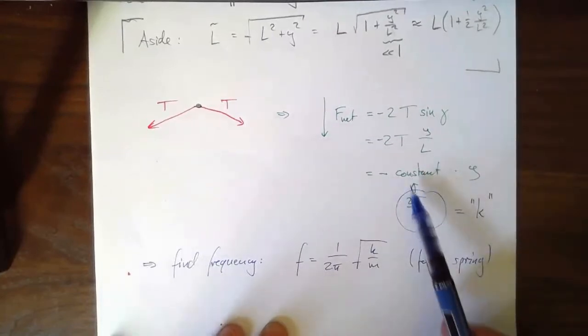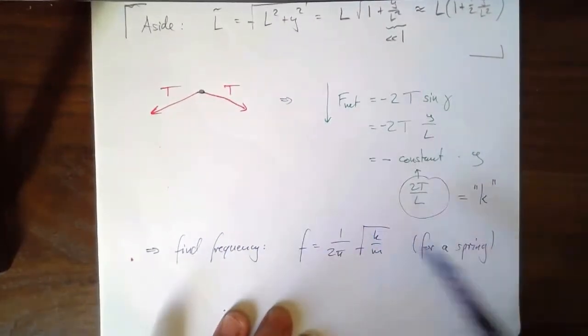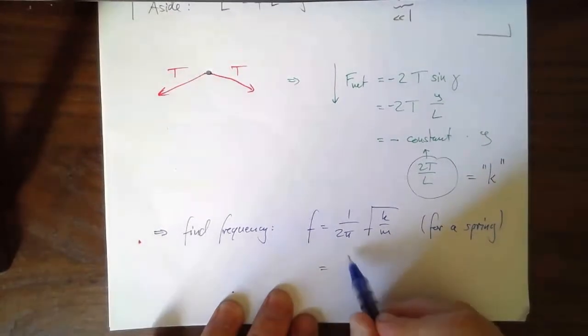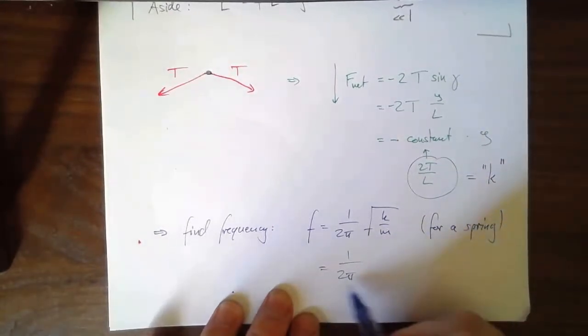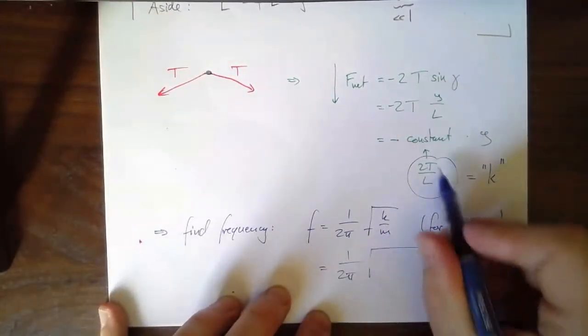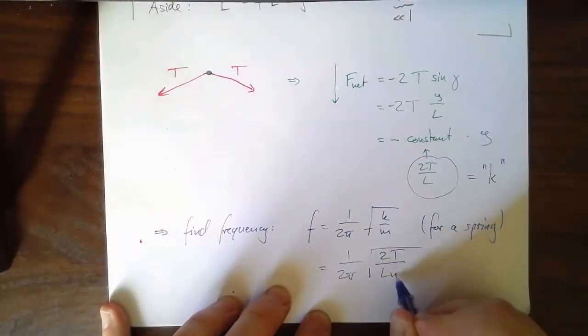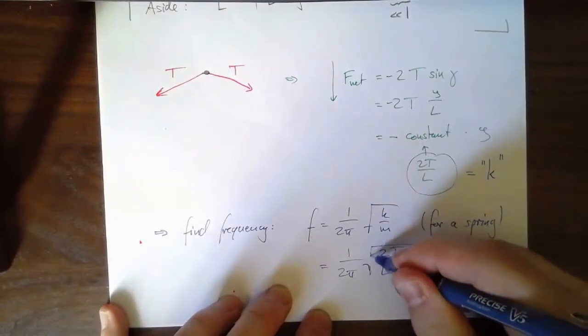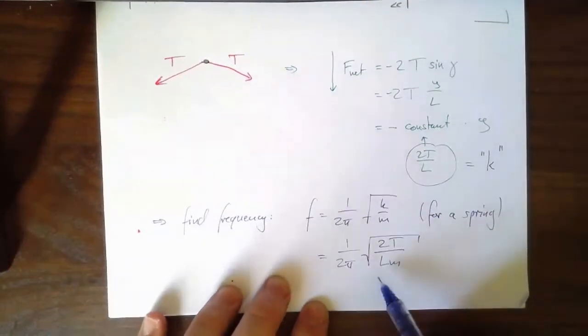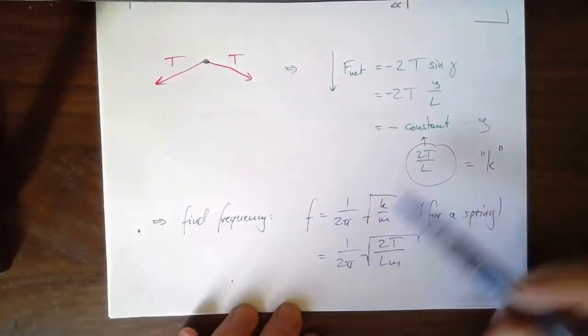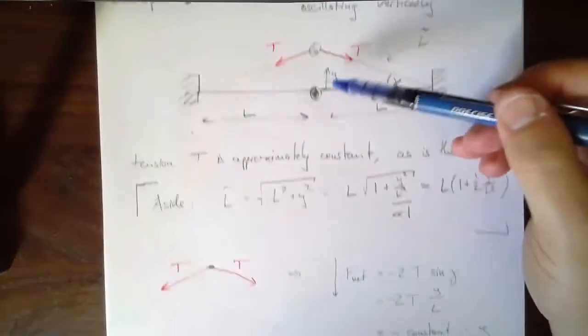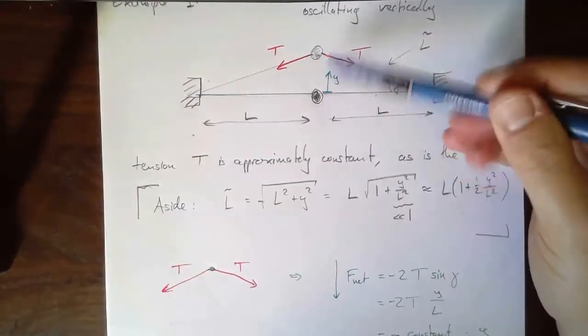We identified that, 2T over L. So just plug this in here. In our case, I'm going to get 1 over 2 pi, and k is 2T over L, so the square root of 2T over Lm. So this is going to be the frequency of the oscillations as I'm pulling this up and down.